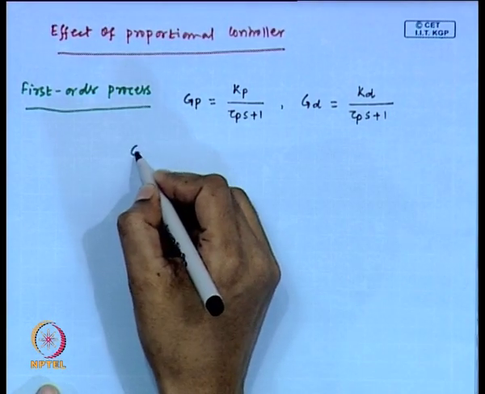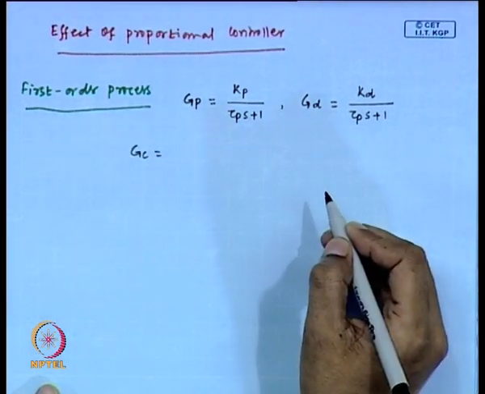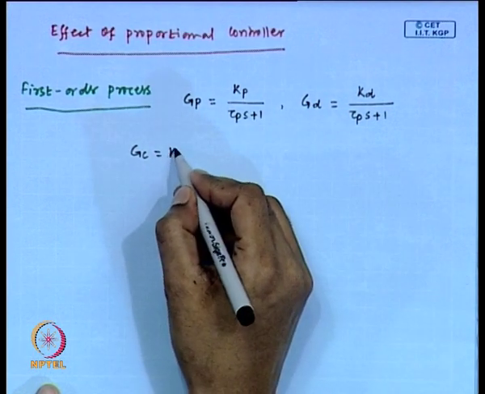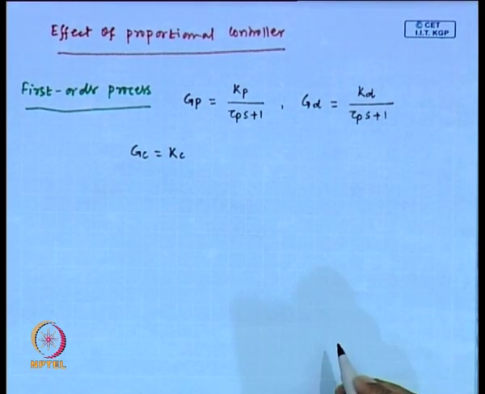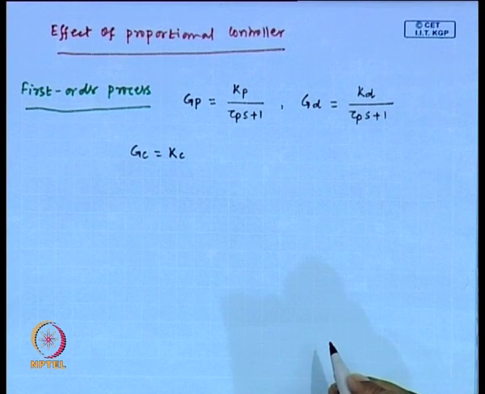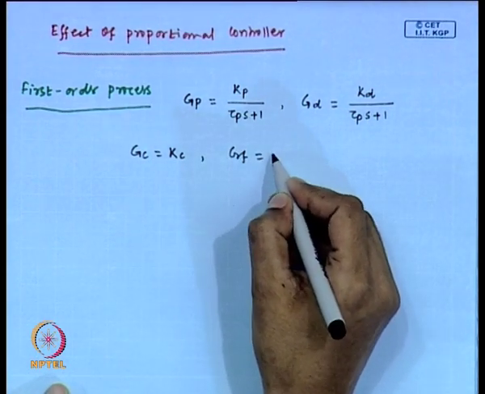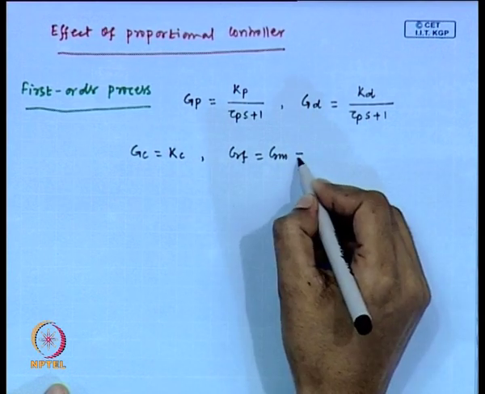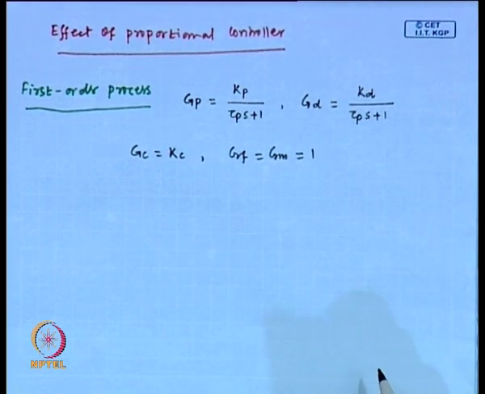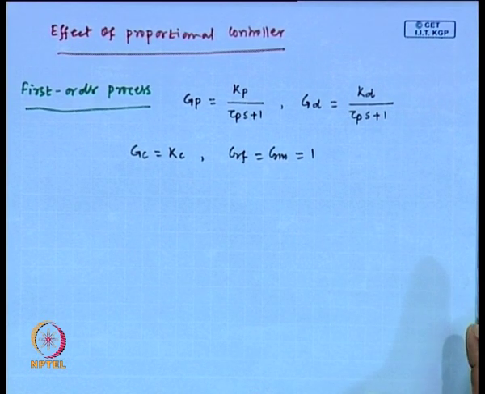So, the transfer function of the proportional controller is G c equals K c, and for simplicity we are assuming the transfer function of measuring device and final control element, G f and G m, both are unity.